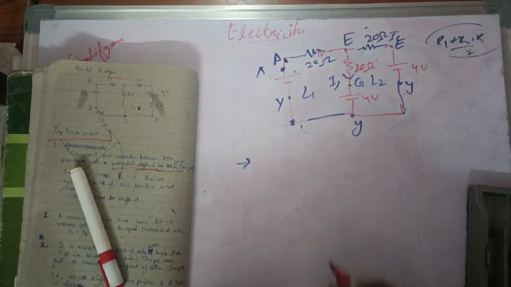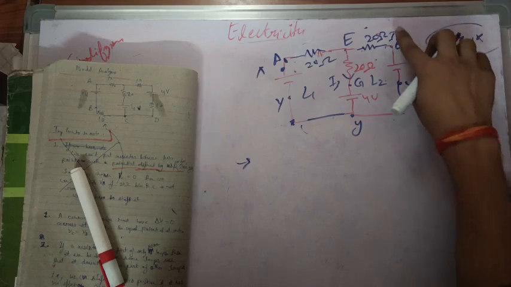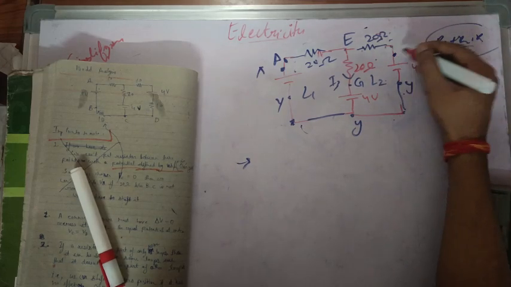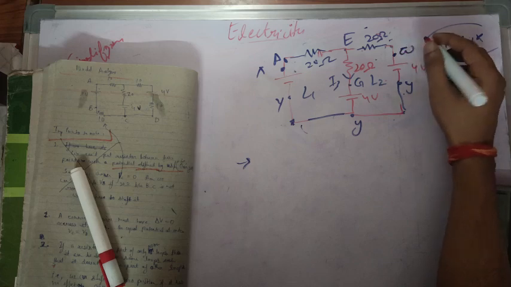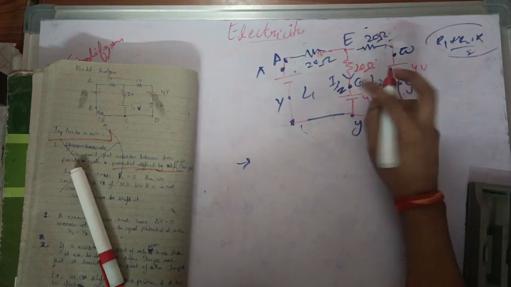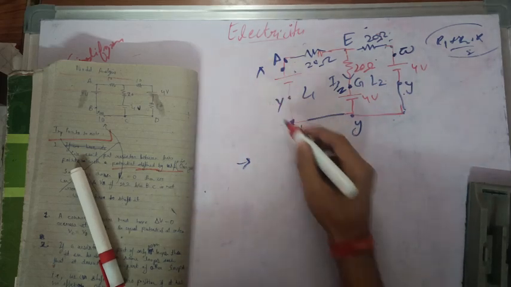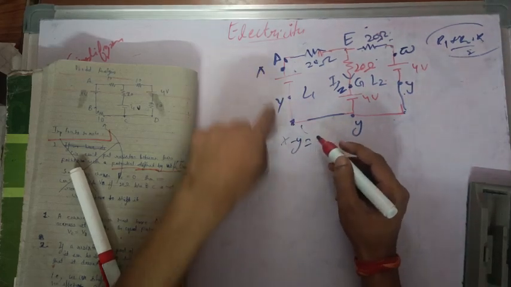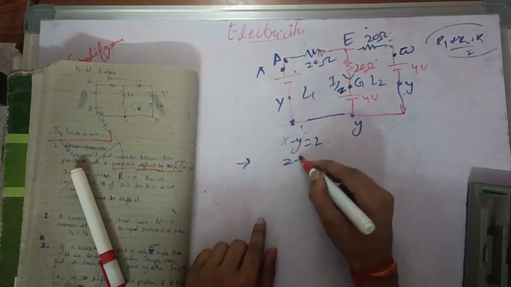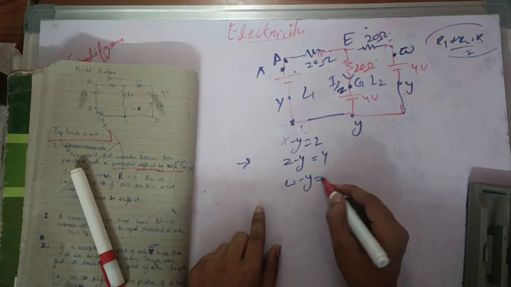Now what I have to do is, I can write the potential here as W and the potential at this side as Z, such that X minus Y is equal to the potential difference, which is 2 volt, Z minus Y is 4 volt, W minus Y is again 4 volt.